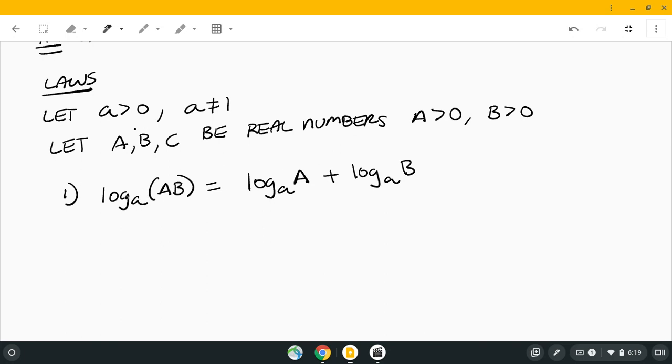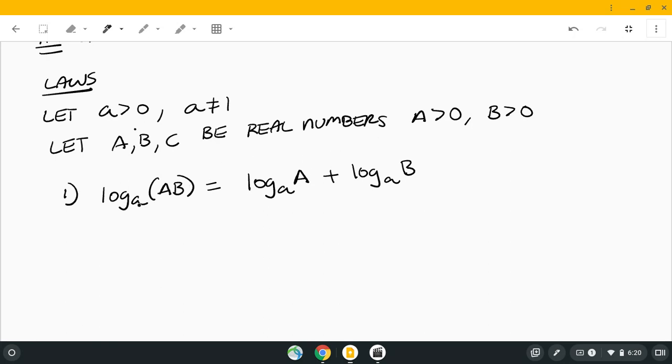If you have the log of a product, you can write it as the sum of two logs. If you have the sum of two logs with the same base, you can rewrite it as a single log.